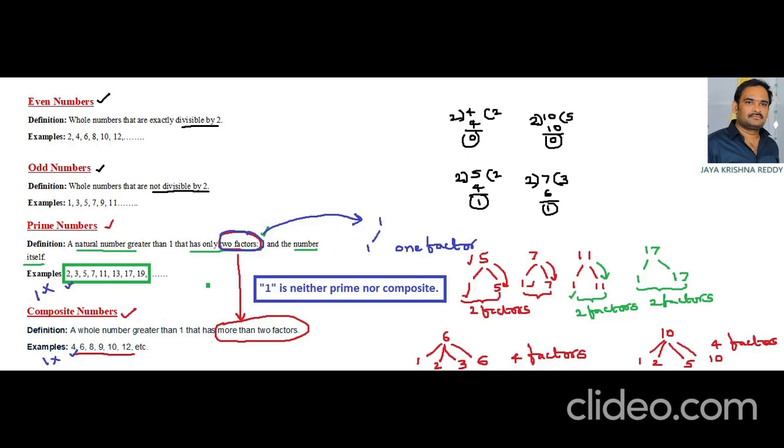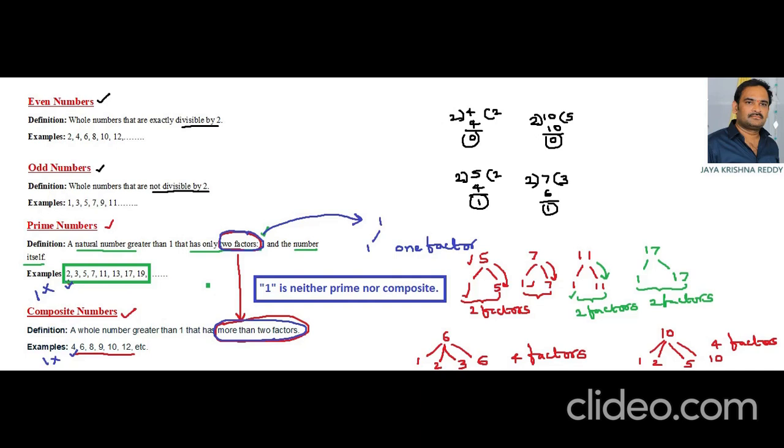As per the definition of a composite number, the number should have more than two factors, but 1 has only one factor, so it is not a composite number. So we can conclude that 1 is neither prime nor composite, means 1 is not a prime number and also not a composite number.